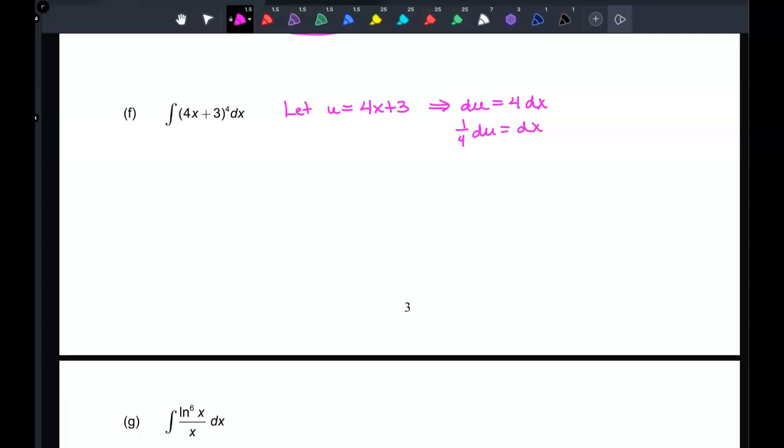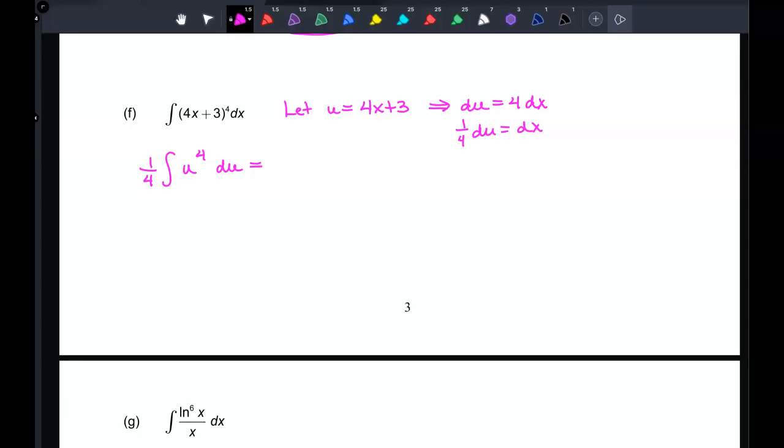Okay, I have a missing 4. What's the derivative of 4x plus 3? 4. So du is equal to 4 dx. But I don't have a 4 anywhere in my integral. So I have to compensate for that missing 4 by multiplying the integral by 1/4. So I'm going to replace this with 1/4 u to the 4th du.